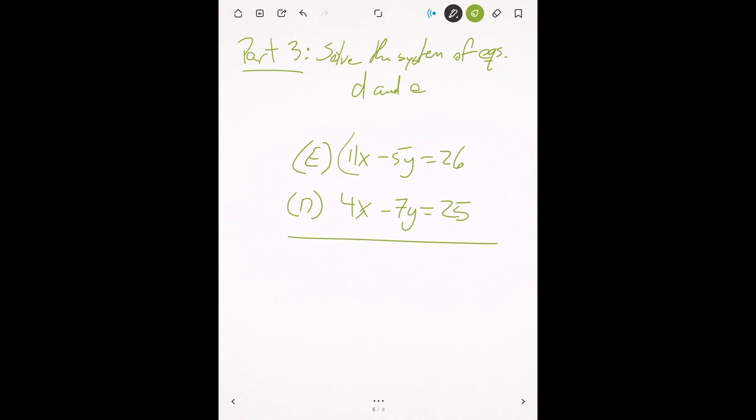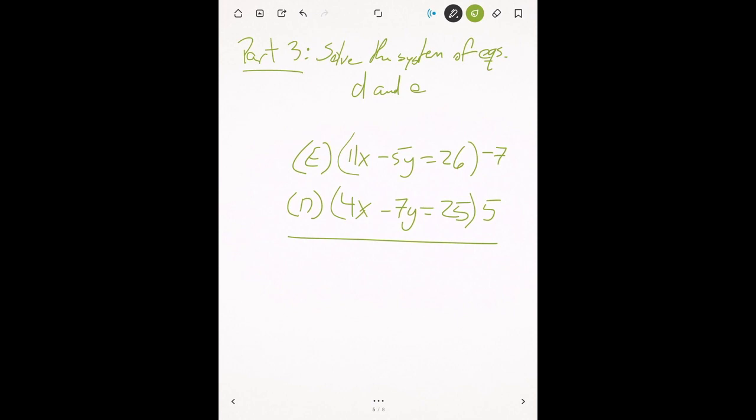So I'm going to multiply the top and the bottom. If I want to cancel out y, what should their coefficients be? I'm thinking the number 35. Maybe if the top became positive 35, so I multiply it by negative 7, and the bottom became negative 35, so I multiply it by 5. Maybe that'll work.